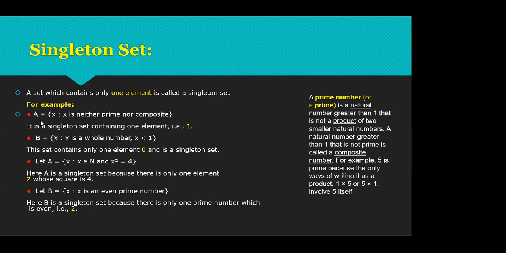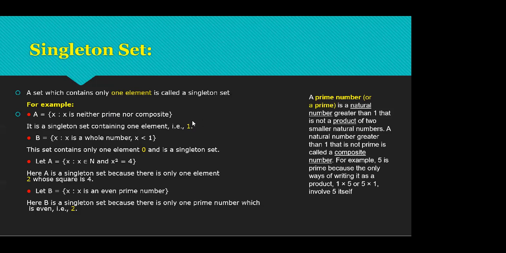So, for this set A, wherein x is neither prime nor composite, it is a singleton set containing one element because the answer here is 1. 1 is not a prime number and not a composite number, right?